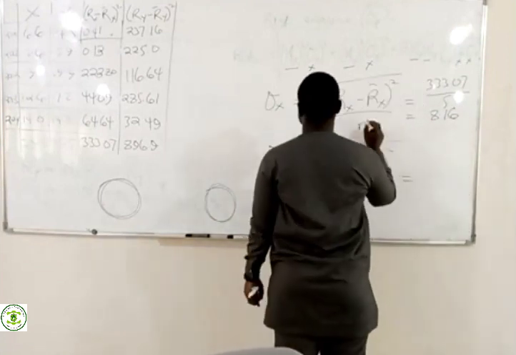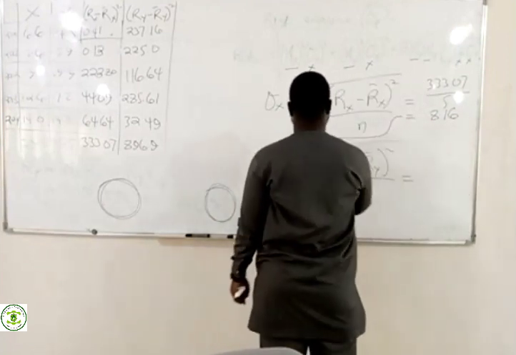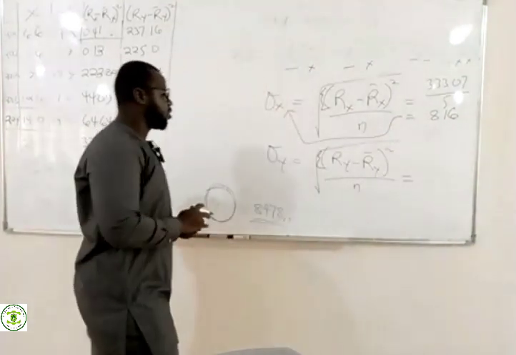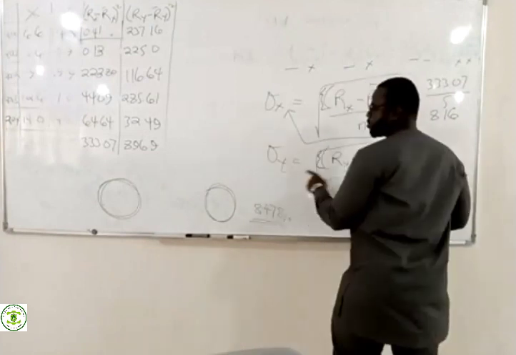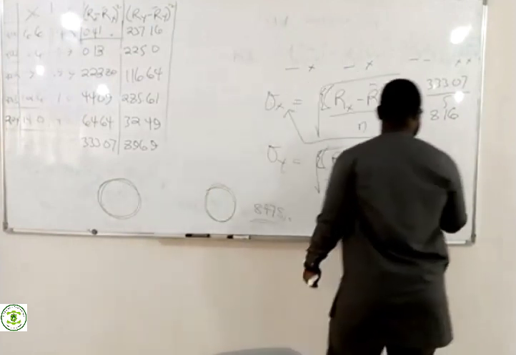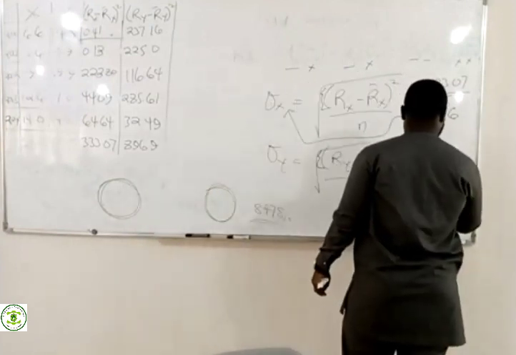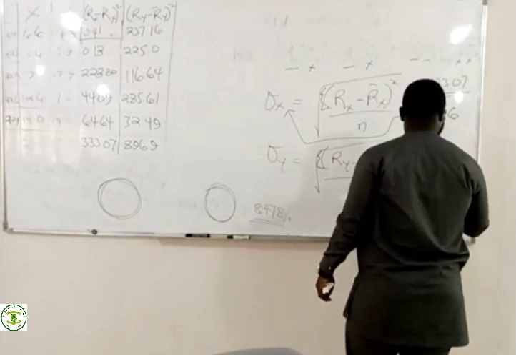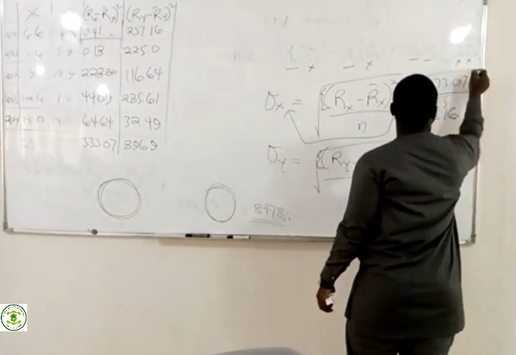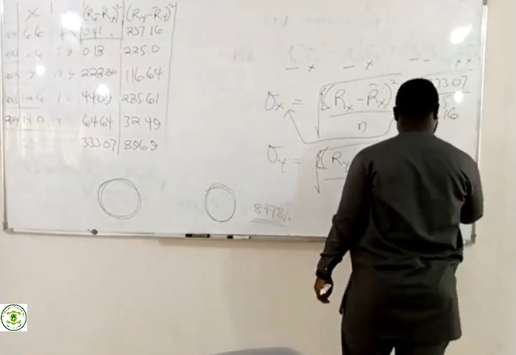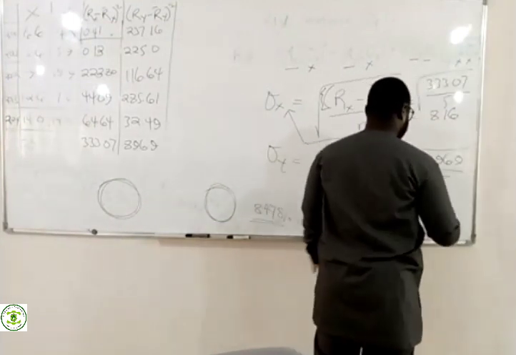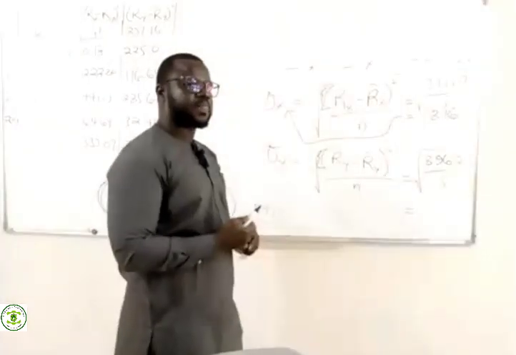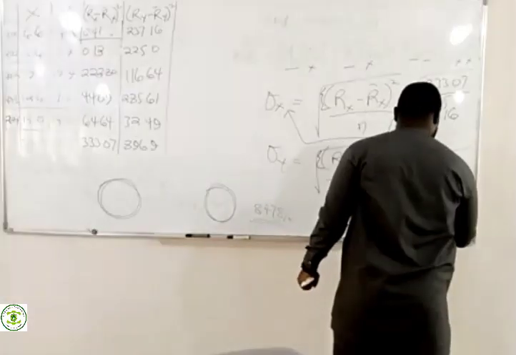Good. So this is the risk exposure stemming from X. And here will be 896.9 divided by 5, square root, 13.39.